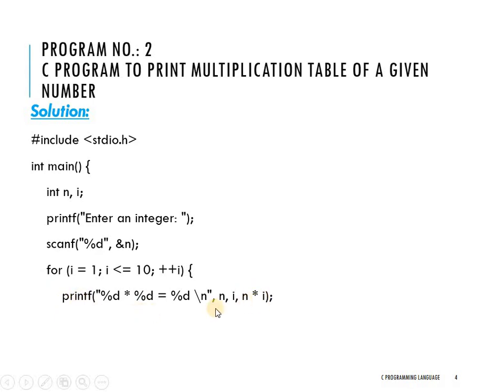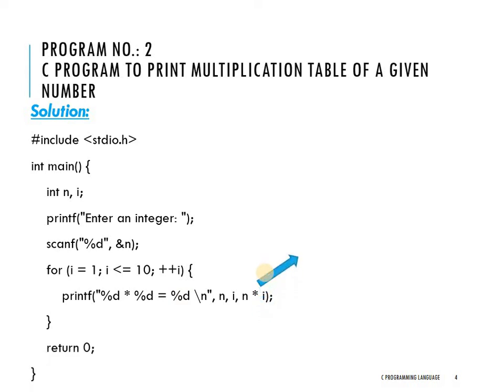So here printf with %d and %d, and in the corresponding format operators I am going to display n and i, so it will become n into i equal to n times i. So this is the logic to print the multiplication table of a given number. Then I close the for loop and then I close the main function.